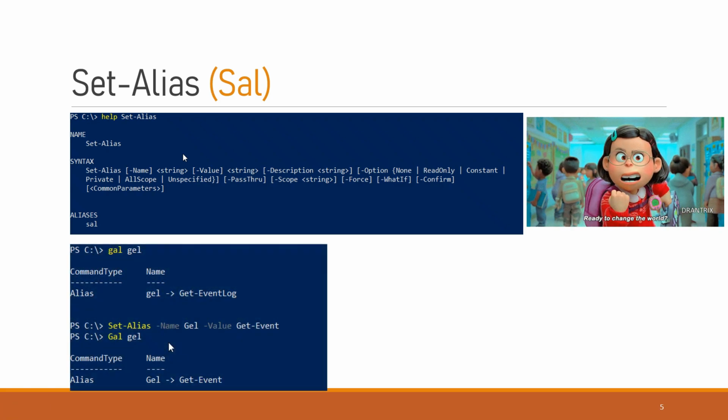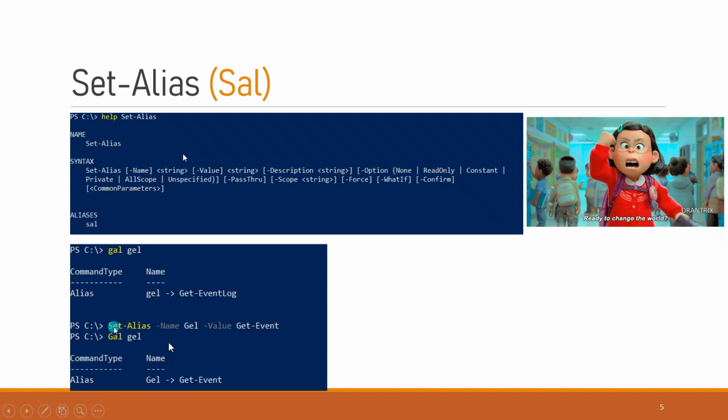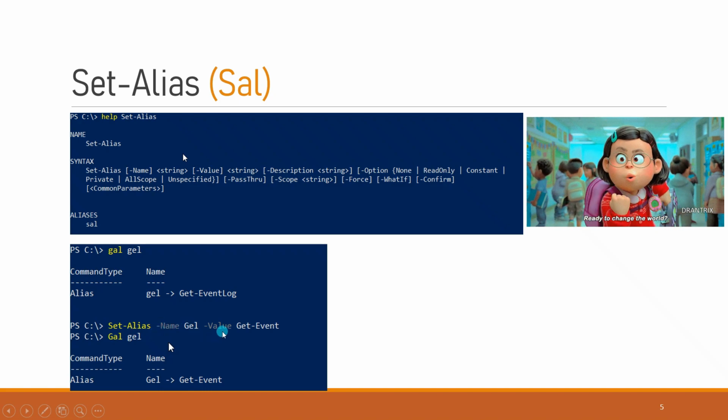So in the previous section we were creating the alias gel for Get-EventLog, and now I changed my mind. Instead of Get-EventLog, we can use the gel alias for Get-Event. So I use Set-Alias with the name gel, and in the value field, instead of Get-EventLog, I gave Get-Event.